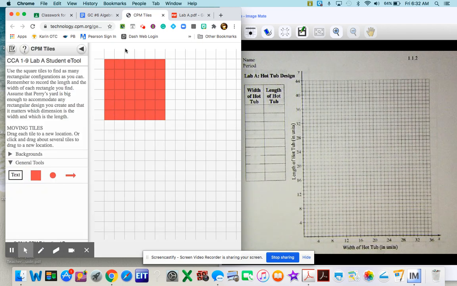You could make a 6 by 6. You could take some of these tiles and move them around and possibly come up with, let's see, so you could have had length of 4.